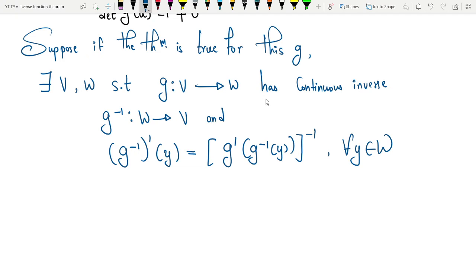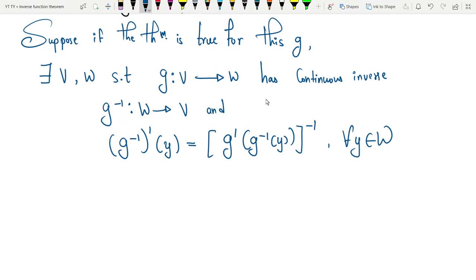If this theorem is true for g, then this is going to happen, right? And by using this, I will try to prove the theorem for f. Okay, so we are assuming that it is true for g.